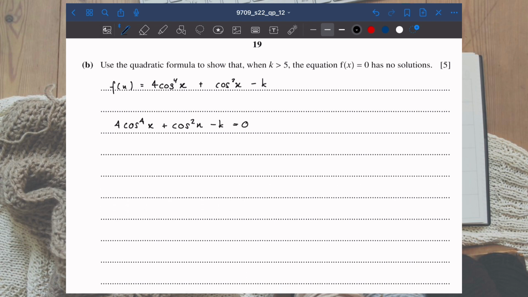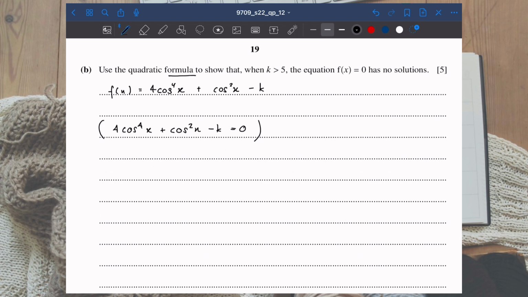So we're going to use the quadratic formula to find the solutions of this equation. So the quadratic formula will be x equals to negative b plus minus square root of b squared minus 4ac over 2a. In this case, our x is cos square x, our b is 1, our c is negative k, and our a is 4.